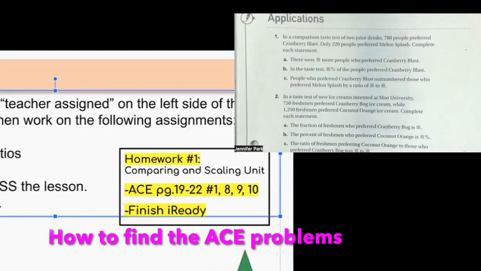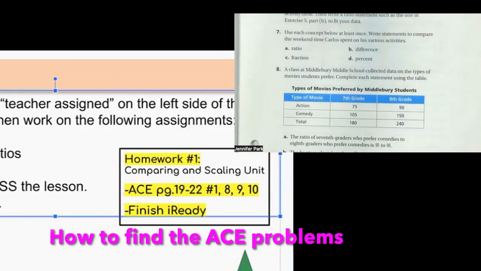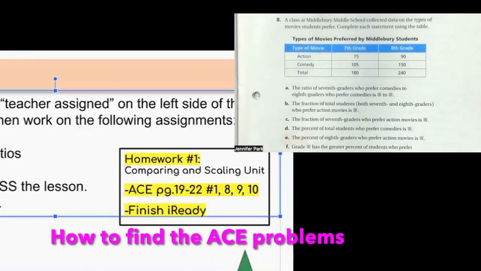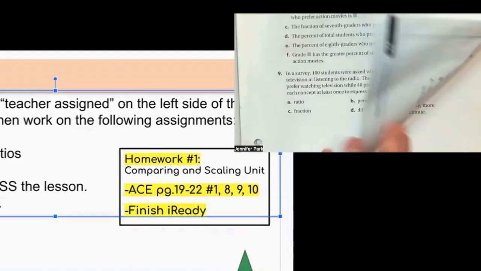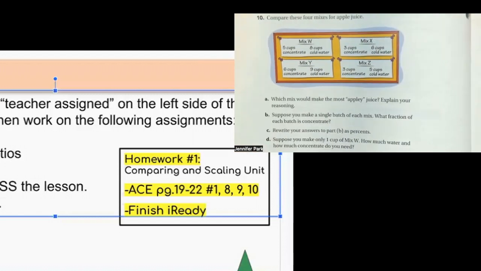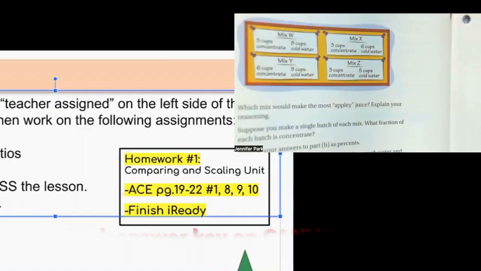So you're going to do number 1. And then you're going to do number 8. Number 9. And you're going to do number 10. And please remember to check answers. You should be able to check the answers.